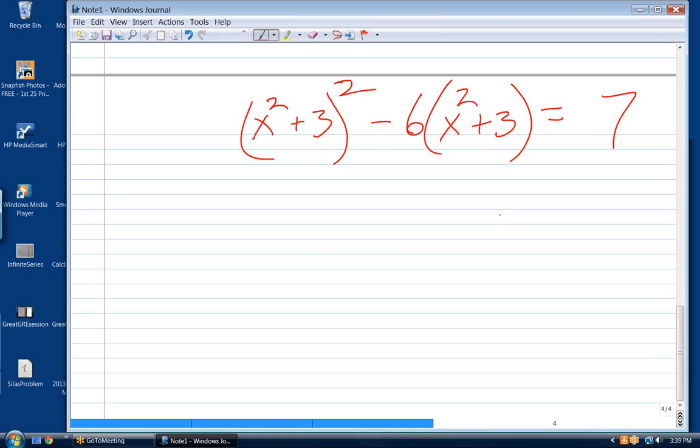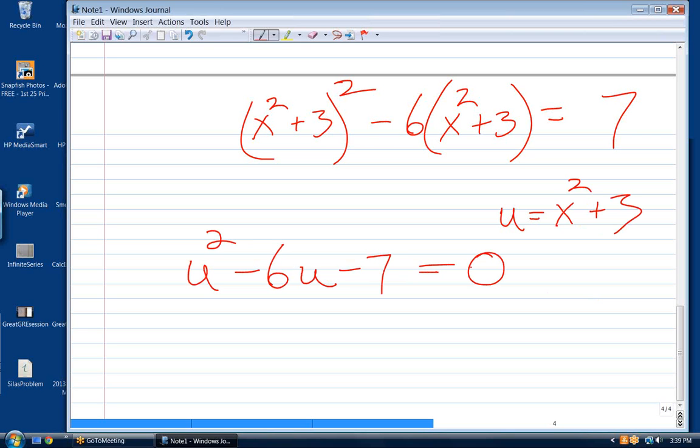In other words, let's use u to represent x squared plus 3. Then what we have is u squared minus 6u minus 7 equals 0, which is a very easy quadratic to solve. How does this factor? 7 and negative 1. Negative 7 and positive 1.